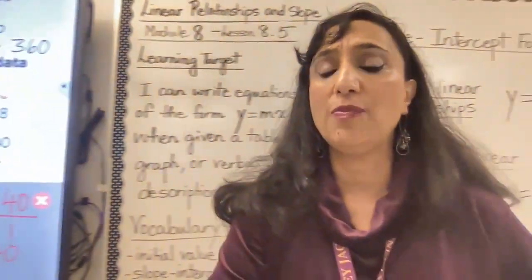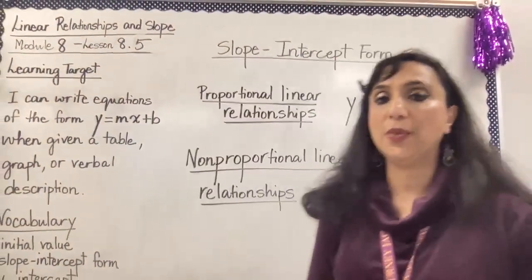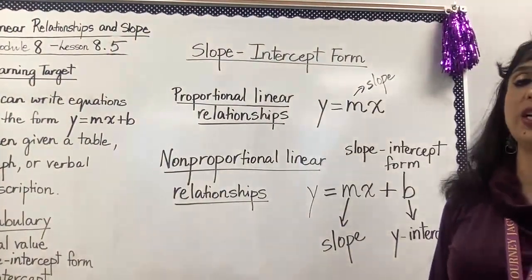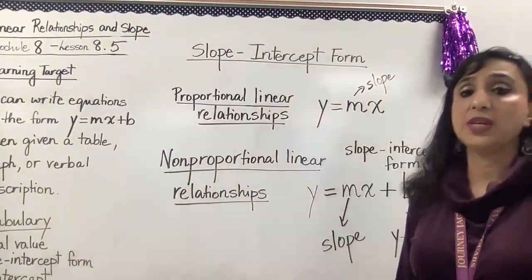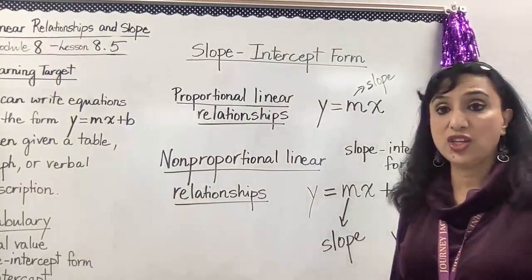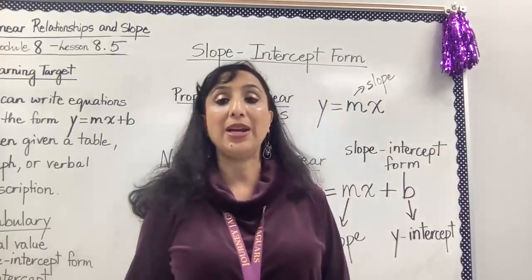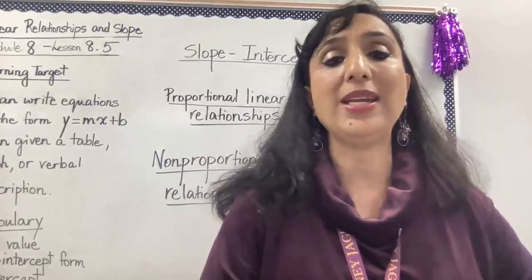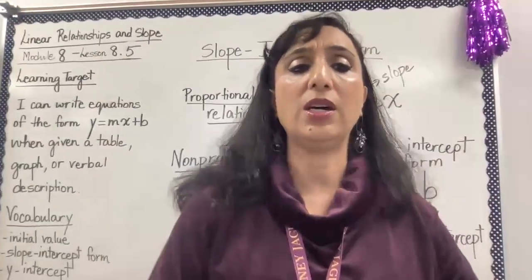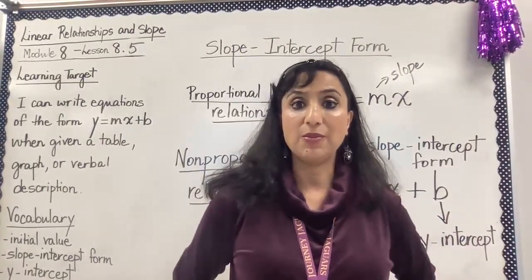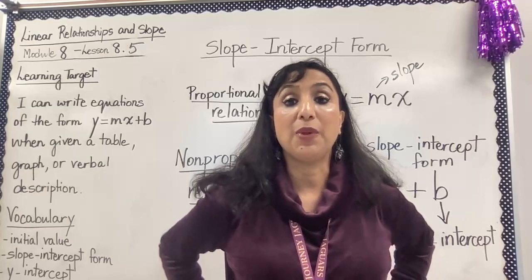And please remember the difference between your proportional linear relationship equation and the non-proportional linear relationships. In the proportional linear relationships, which we've done in the past, you have y is equal to mx. But in the non-proportional one, the y-intercept is added on, and that is why it becomes y is equal to mx plus b.